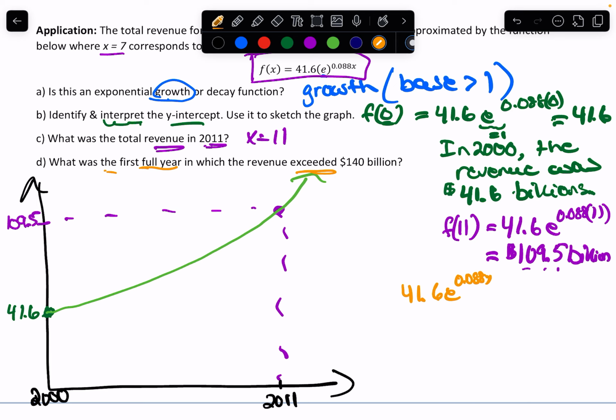We don't know what the x is. That's what we're trying to find out. This should be greater than the 140 right here. So we need to divide by 41.6 both sides to move things over. We get e to the power of 0.088x is greater than 3.3654.